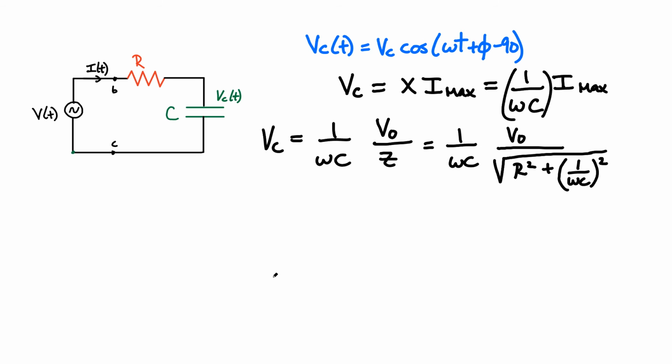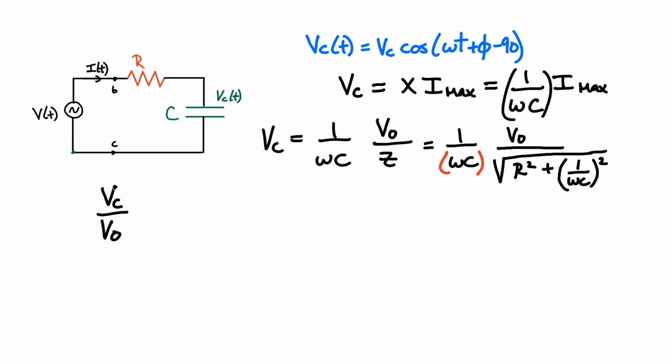What's the best thing to do at this point is to bring the omega C that's on the outside into the square root. If you do that, you have to square everything, and that will simplify the second term. Let me bring the V0 to the other side.